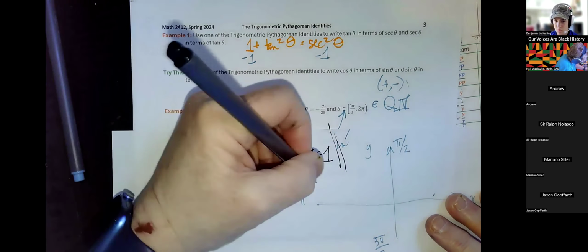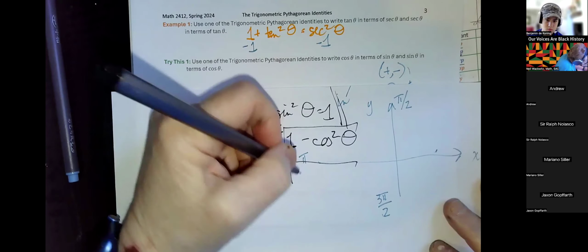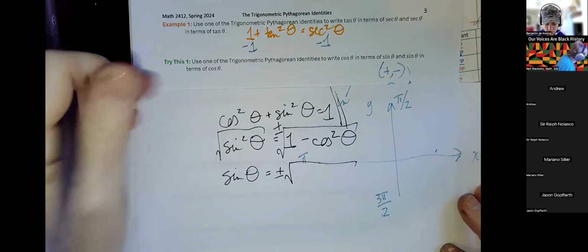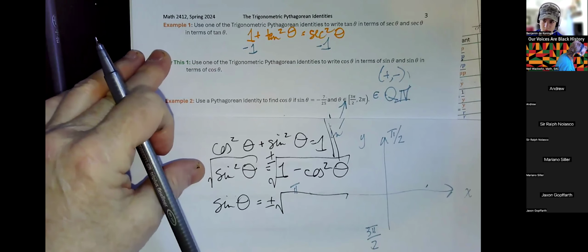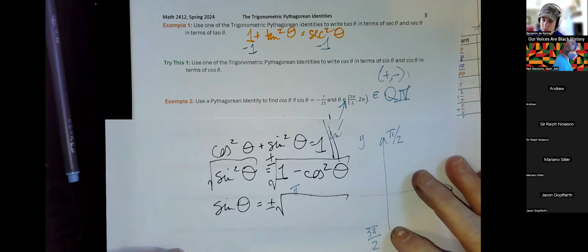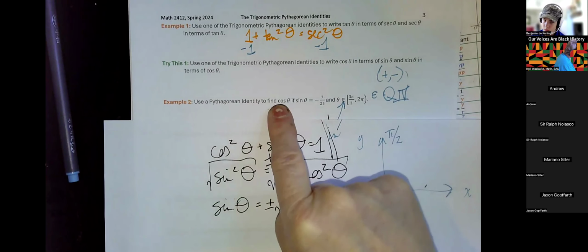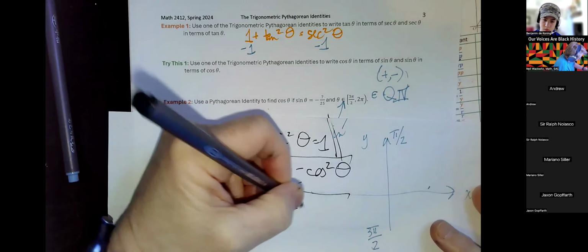So we have sine theta is equal to plus or minus, oh, I'm sorry, I'm an idiot. We want to solve for cosine so that we can fill in the sine. It's going to be the same though.